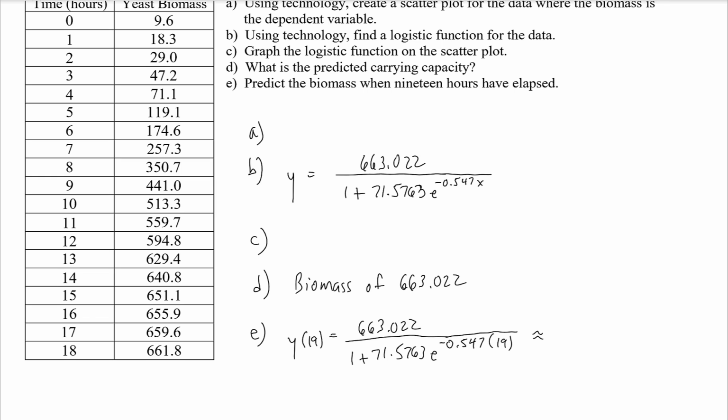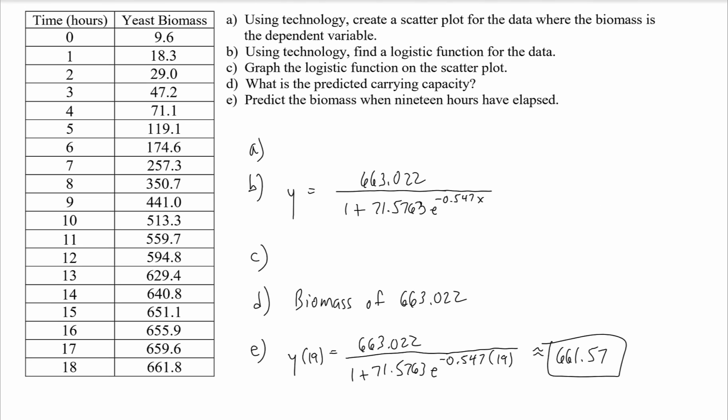We expect it to be a little bit more than 661, so we'll find out. It's 661.57. So the 661, that was kind of predicted. Again, as far as units go on this, I'm not sure.